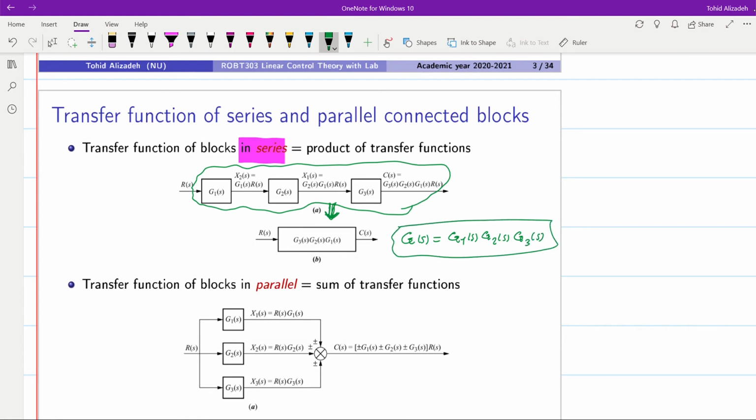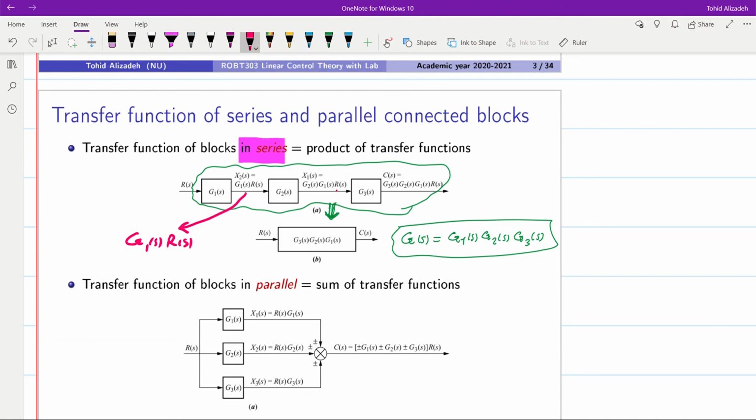It should be obvious, I think, because if you pay attention to the signals at the output of each block, you could get the idea. Over here the signal will be equal to G1 times R, which is the input to the second block.